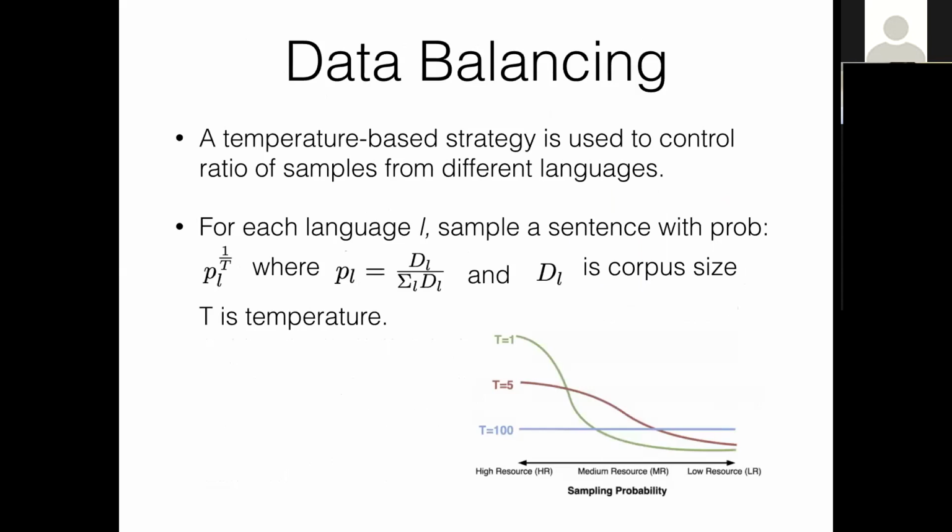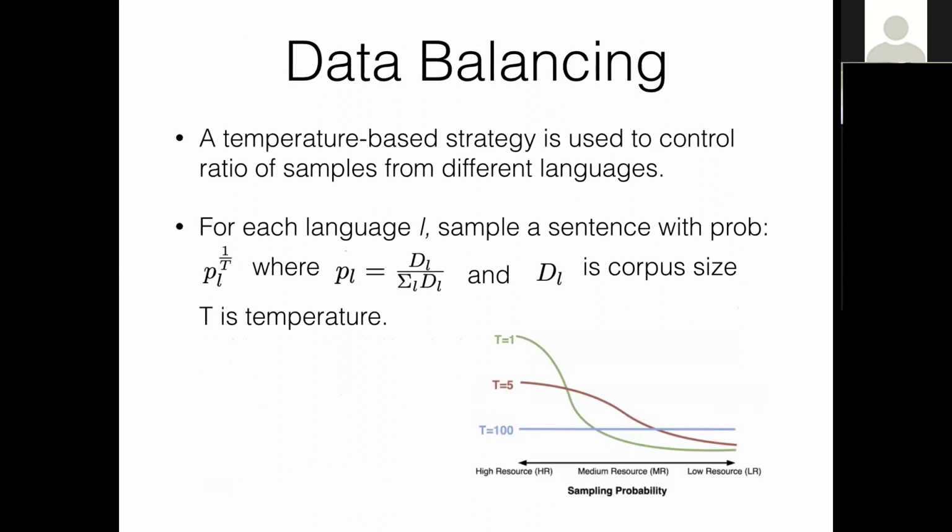Since for multilingual models there is a wide variety of languages used for training, most models use a temperature-based strategy to control the ratio of samples from different languages. For each language, you sample a sentence with probability P raised to the power 1 by T, where T is a temperature constant and P is the proportion of the language-specific corpus with respect to the whole data set.